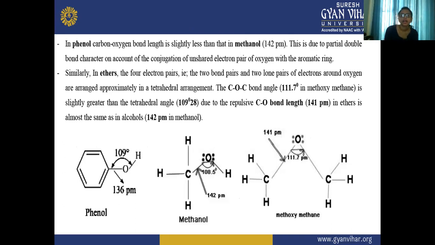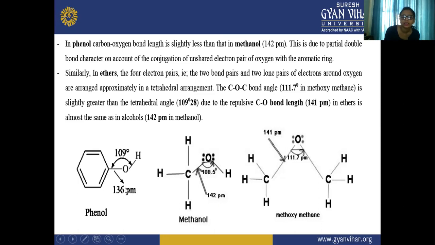In phenol, the carbon-oxygen bond length is slightly less than in methanol. Here you can see in phenol the carbon-oxygen bond length is 136 pm, and in methanol the carbon-oxygen bond length is 142 pm.